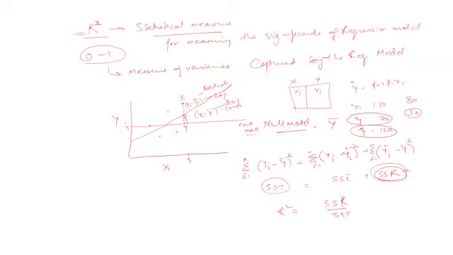So the ratio of SSR by SST is known as the R square value. In some books it is also written as SST minus SSE divided by SST, or 1 minus SSE by SST. This is known as your R square.